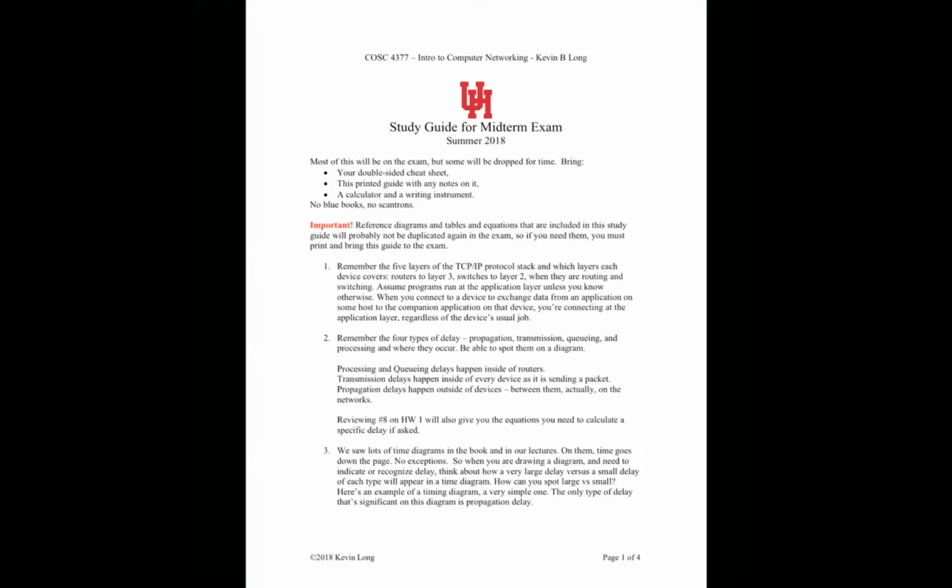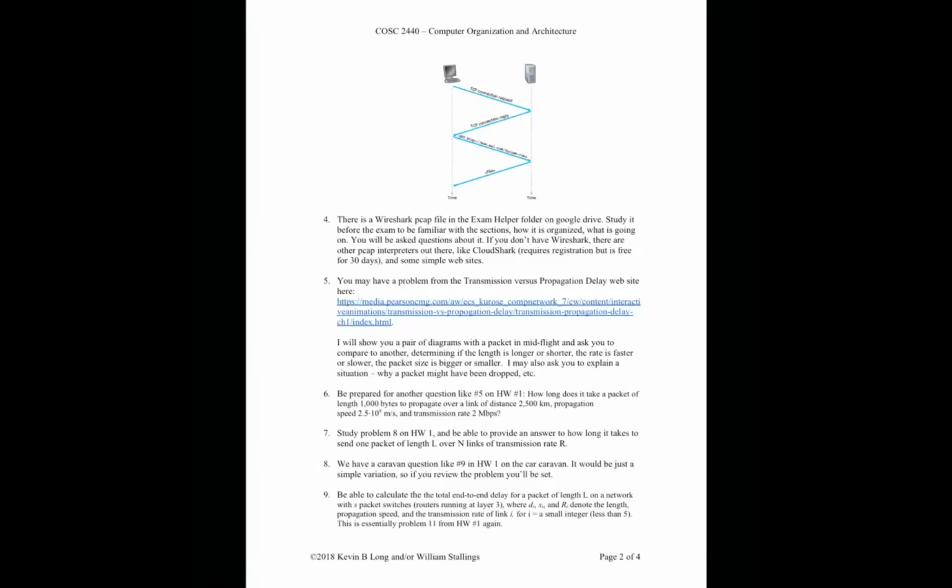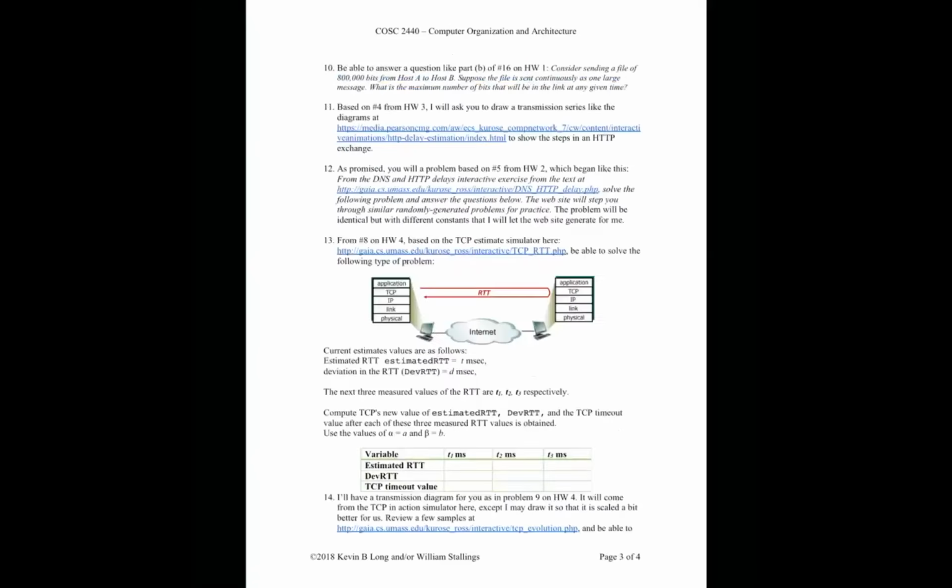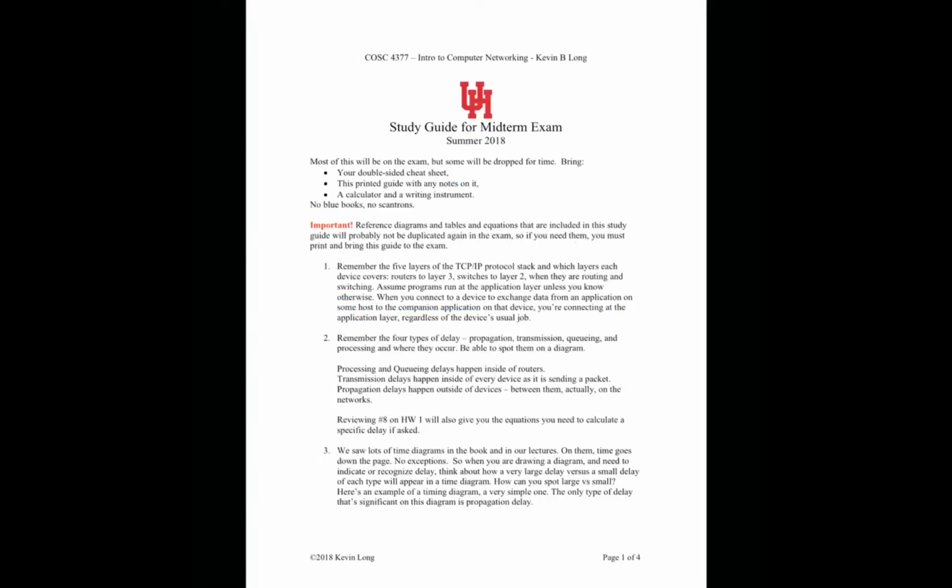So if there's an equation or table that you need, go ahead and jot it down on your cheat sheet if you like. There are, I want to say, 3 or 4 helpful numbered items here, and then some sample problems. We're going to spend some time going through that.